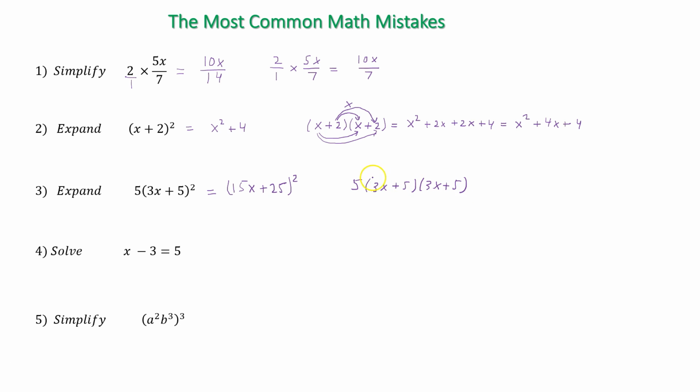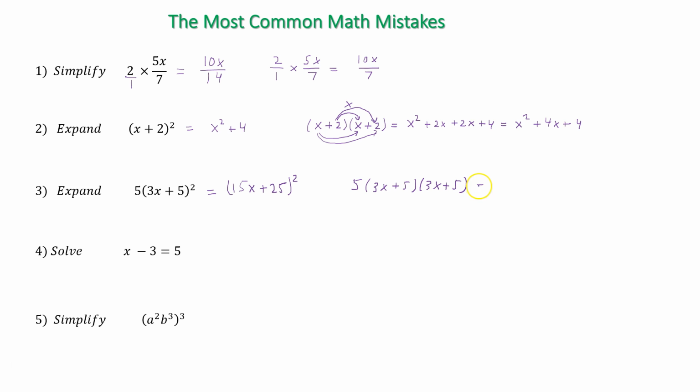And so when we expand, what we can do is we can take the 5 and first distribute it in here, or we could first expand these two, so we can FOIL these two brackets and then multiply everything by 5. And so both approaches will work.